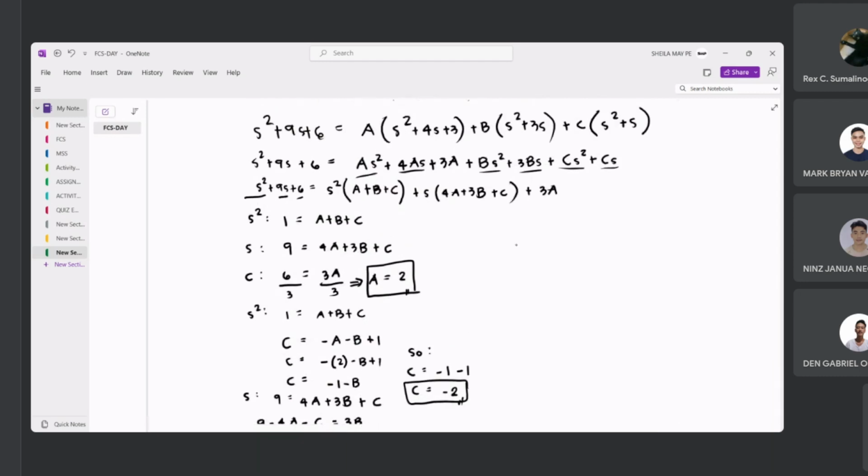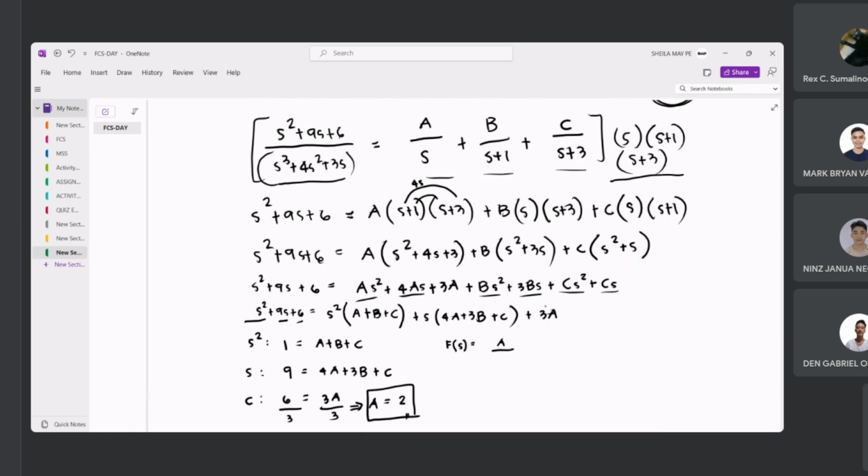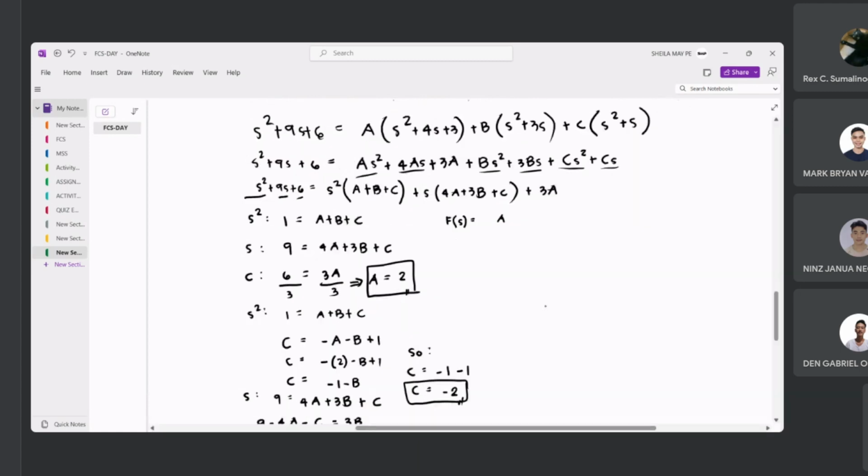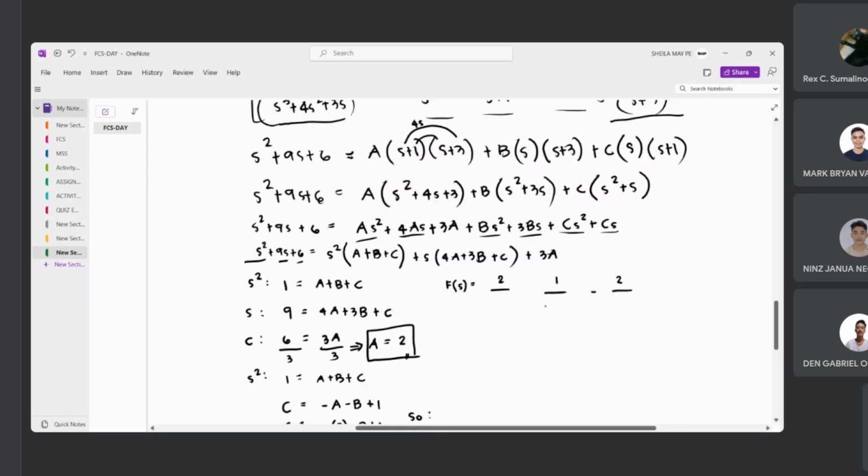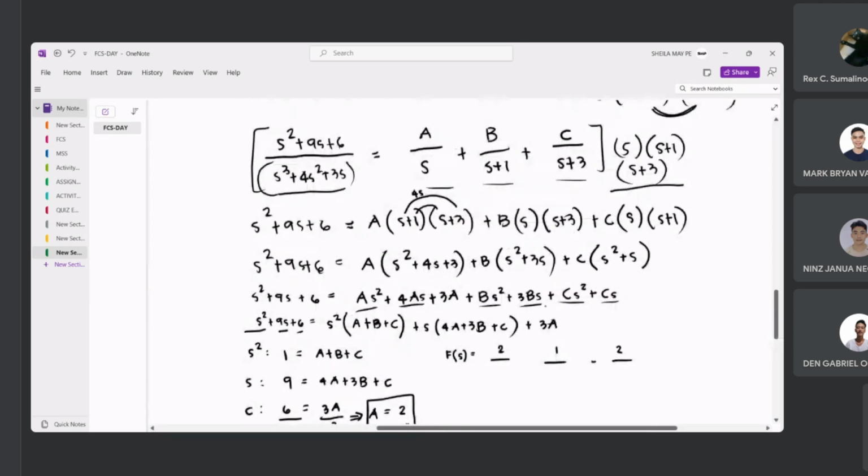So we can write our Laplace transform F of s: 2 over s plus 1 over s plus 1.